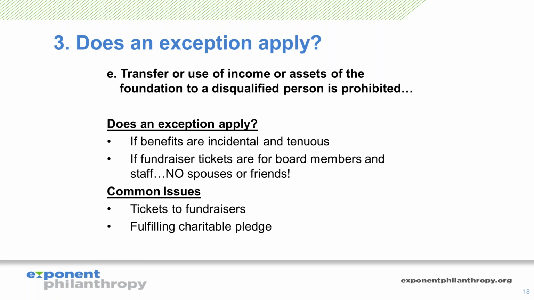And I think in some of those situations, you can make a good argument that there is no incidental tenuous benefit. You're really doing this for the benefit of the grantee, and so it would be fine to bring along your spouses and friends.